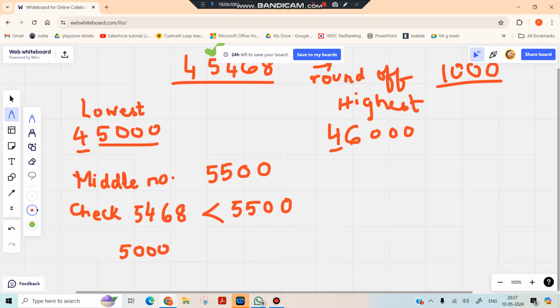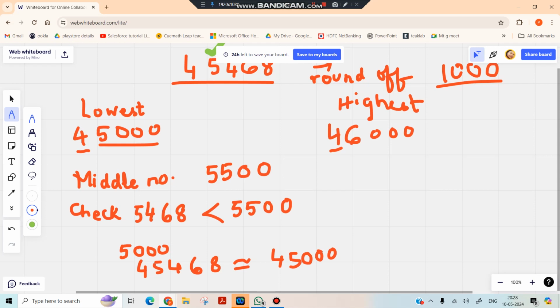So our number 45,468 when rounded off to the nearest thousand will give us 45,000.